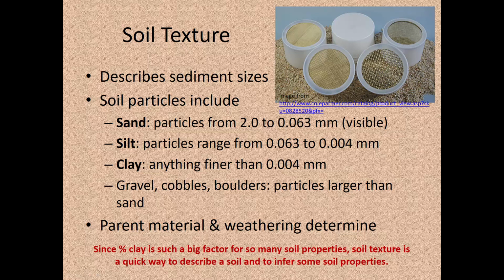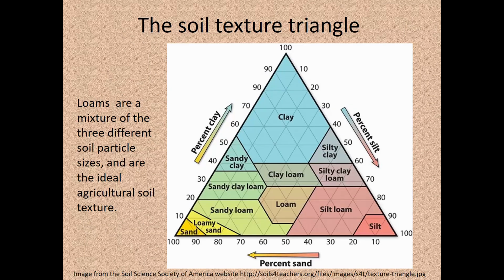The types of soil size particles that are present depend on the parent material, so what type of rock was weathered in order to create these particles, and then also how much weathering the sediment has been subjected to, so over time it will get smaller. And so when you describe a soil texture, it's just a fast way to tell people how much water and nutrients that soil can probably hold on to.